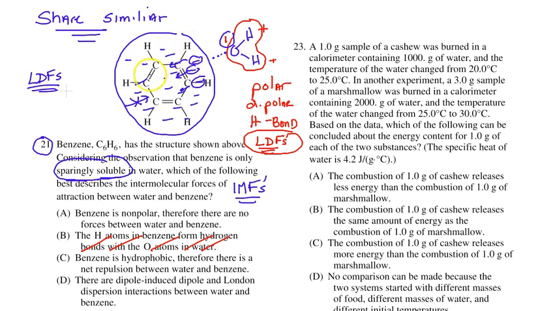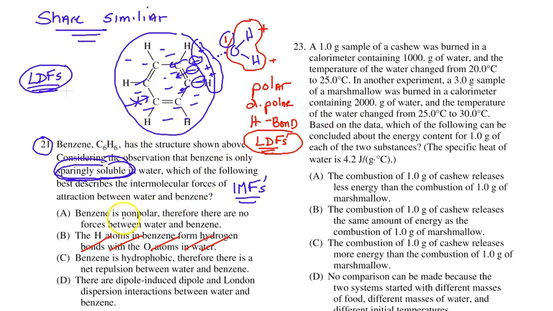By moving away, you create a place that's partial positive a little bit. Now, we wouldn't say it becomes positive, but because of electrons being repelled and this cloud shifting over, you create a place with less electrons, and that would be a slight polarity, a slight attraction, that would make it sparingly soluble. So the only thing they have in common is LDFs.